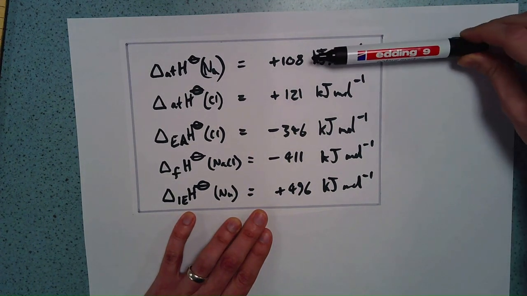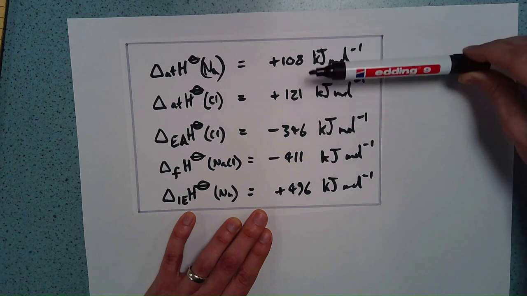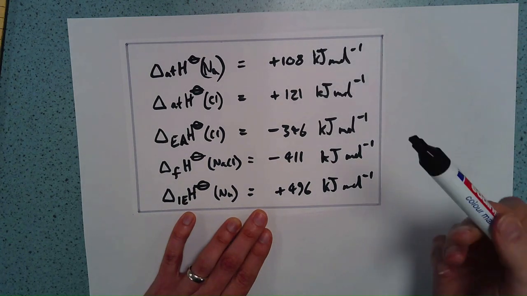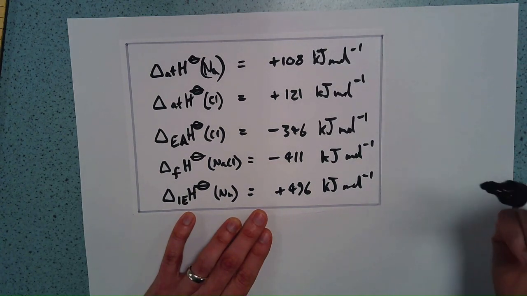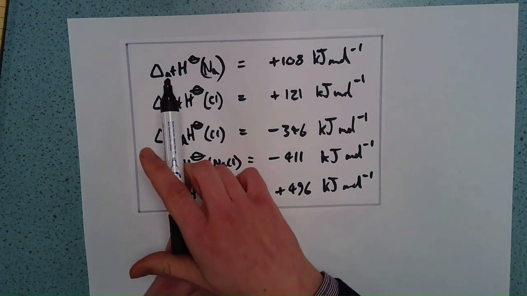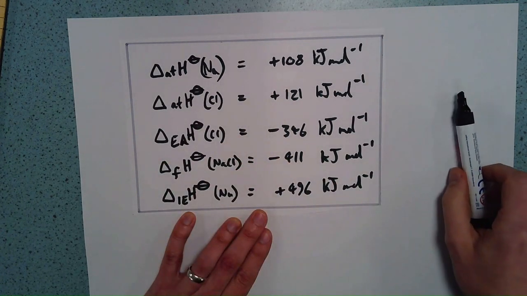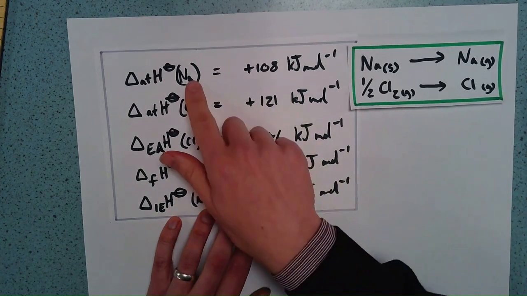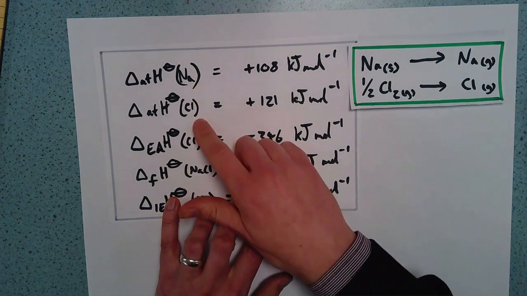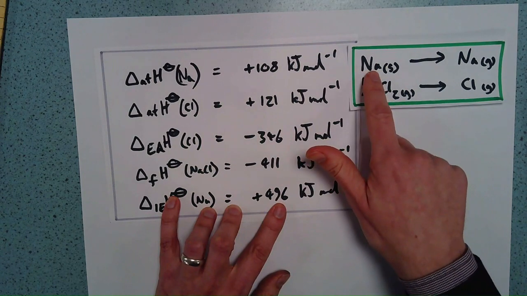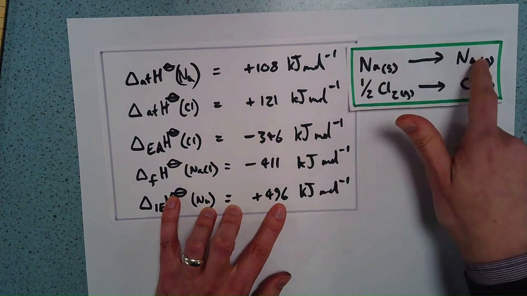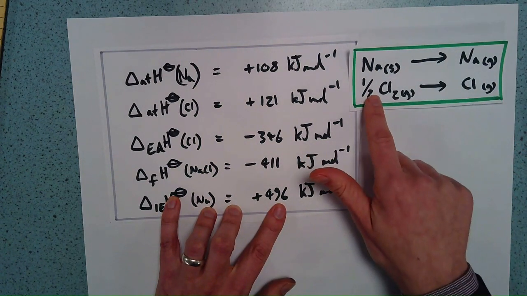The first thing I'm going to encourage you to do is make sure that you are drawing your arrows in the correct direction. Your arrows need to show two things. One, when you're drawing the cycle, make sure that you are drawing the arrow in the direction that the reaction goes. So, for example, for the atomization enthalpy for both sodium and chlorine, you can see the reaction goes from the element in its standard state to the gas.